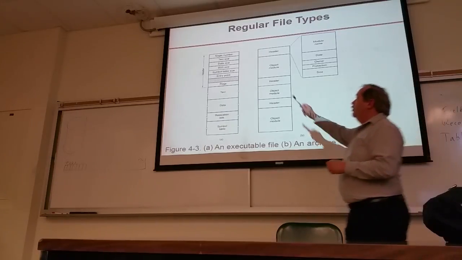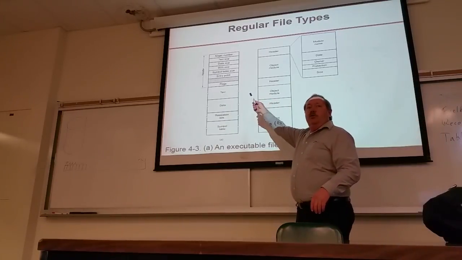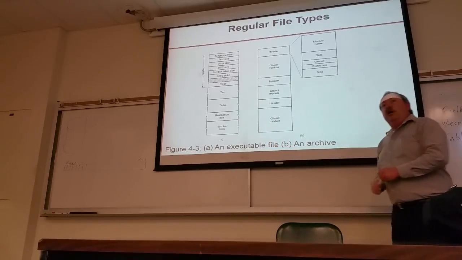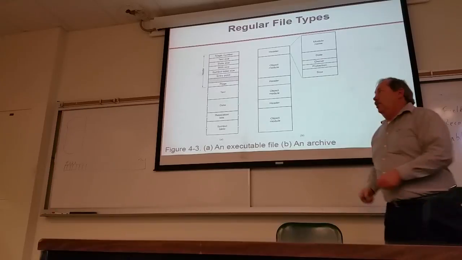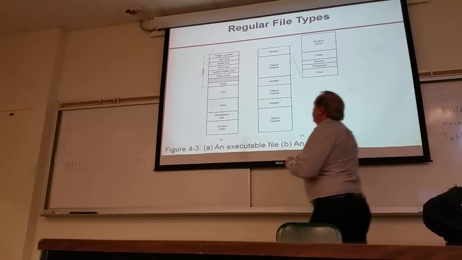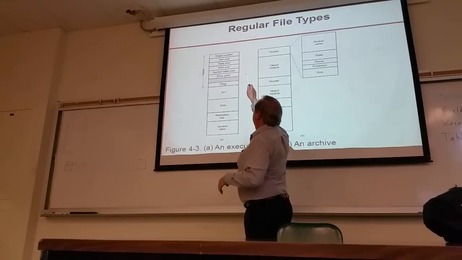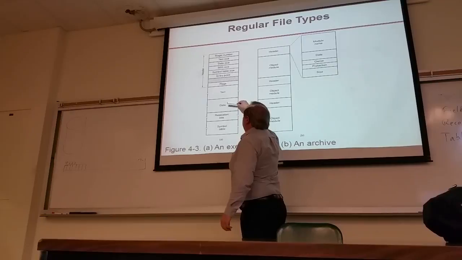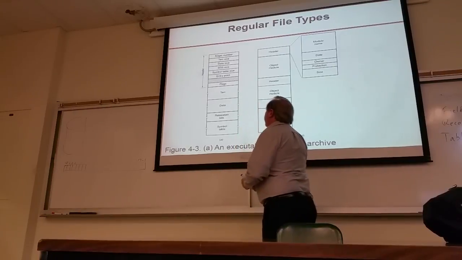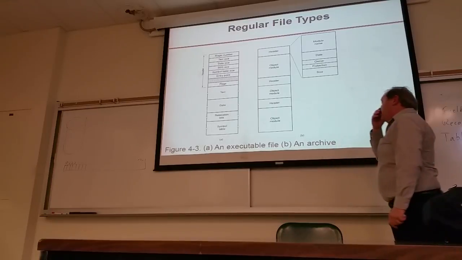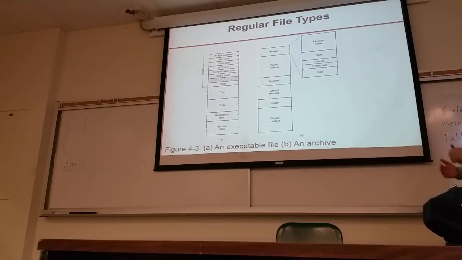They're going to need to know things like which of the 6 file types this is, how large this file is, where's the symbol table, where's the data size, where's the different regions of it. And then you get to the actual file itself, the text, data, relocation bits, and symbol table, and so on. That's how you would organize it for an executable file.